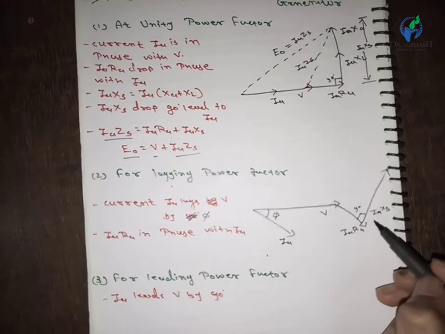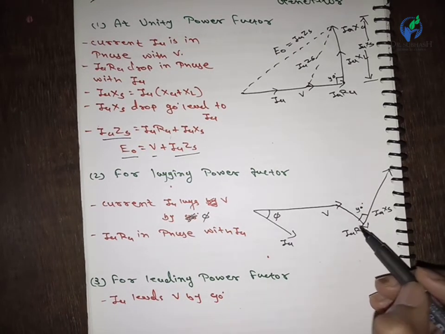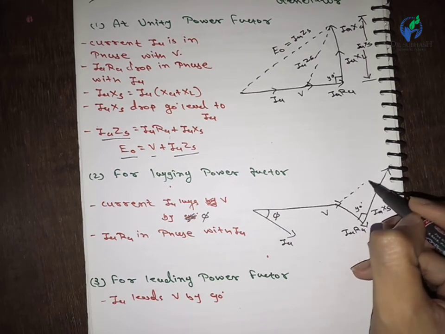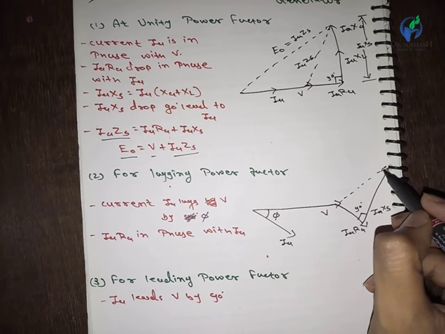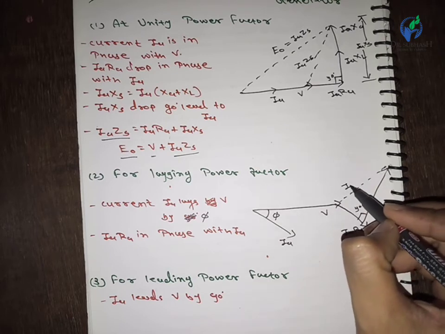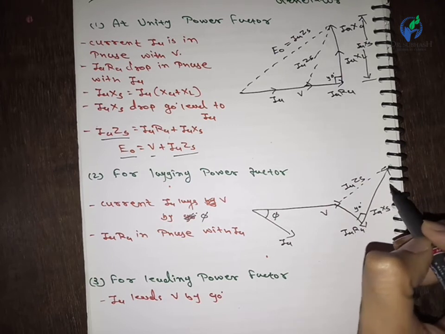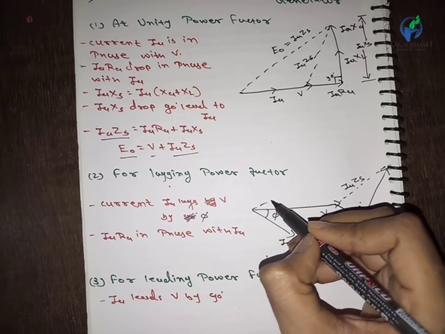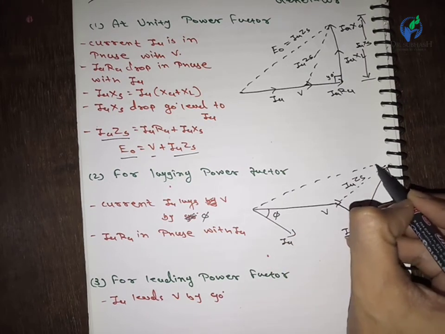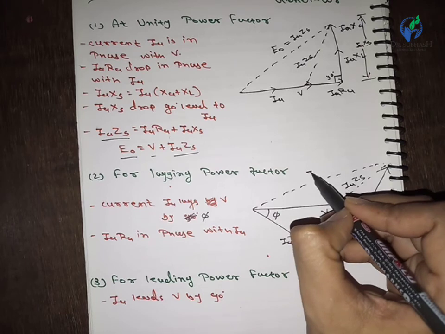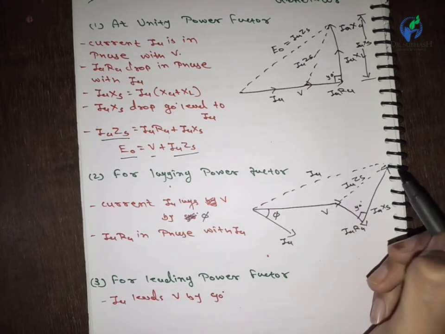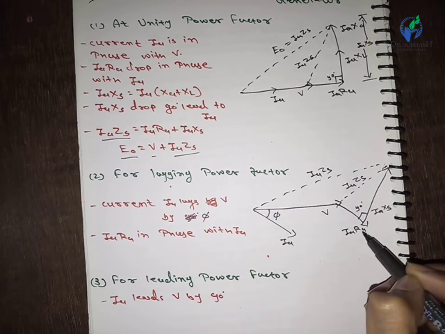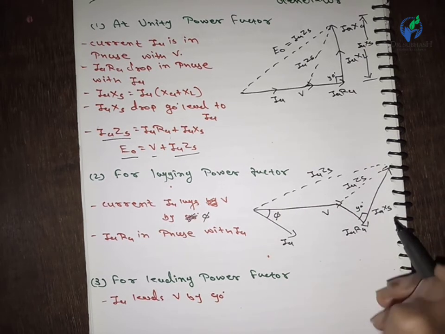When we draw the resultant of Ia into Ra and Ia into Xs, the dotted line between them is known as Ia into Zs. The total resultant is the phasor sum of V, Ia into Ra and Ia into Xs.